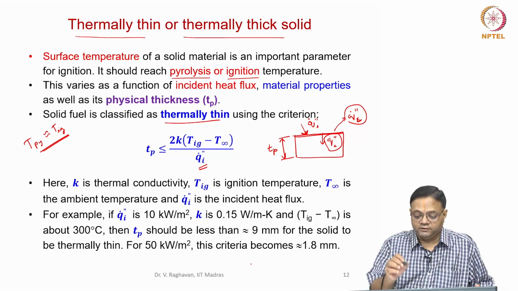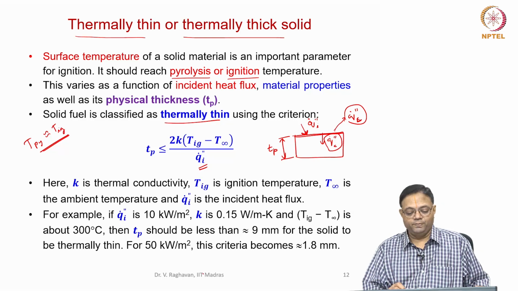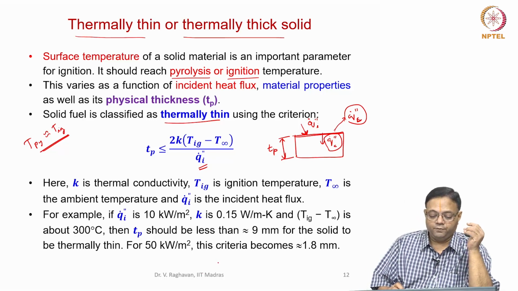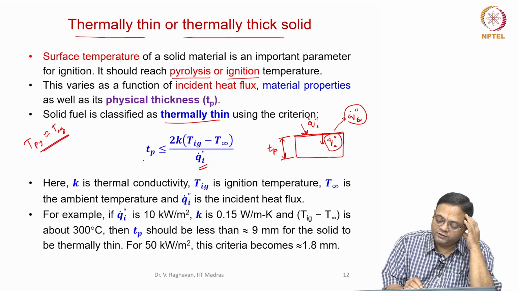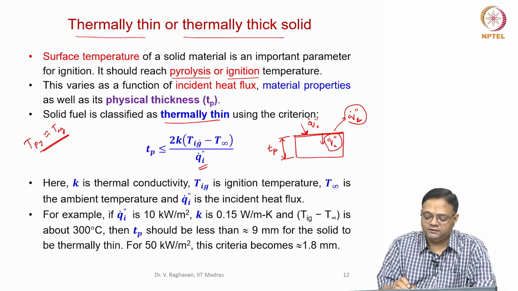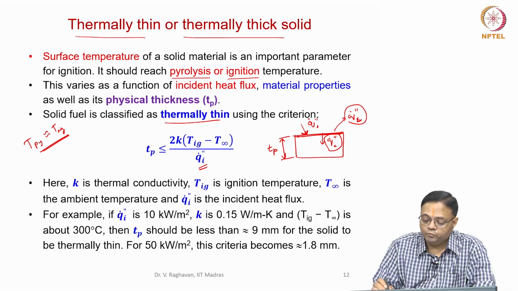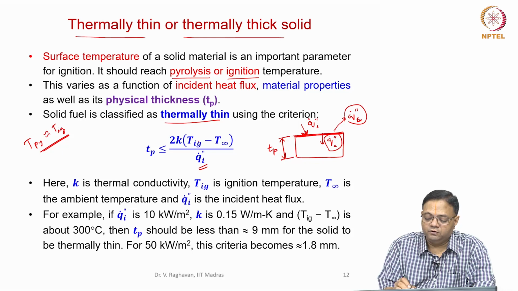If it is thermally thin, then I need not solve this. So, how will I find whether the solid is thermally thin or not? For that, I have this expression. This is just the conduction. For example, what is the temperature rise needed?